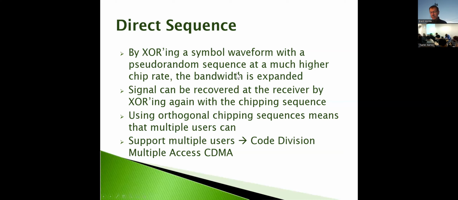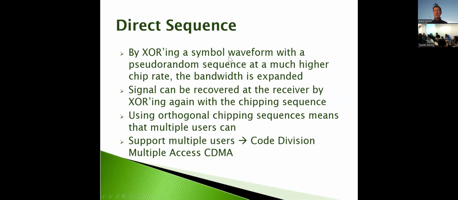Here it's going to be basically zeros and ones, so a pseudo-random sequence of bits. Depending on how you implement it, it might be -1 and 1 or 0 and 1. But it's typically a binary type of sequence, but it's at a much higher chip rate, right?